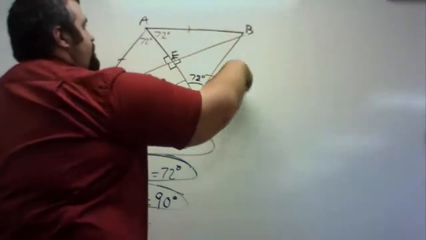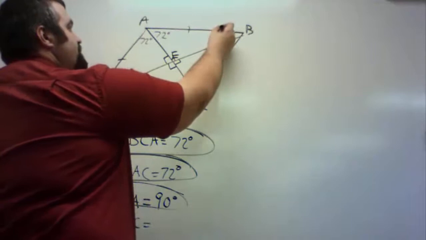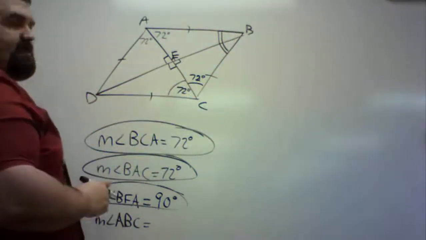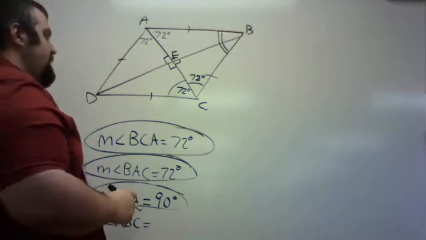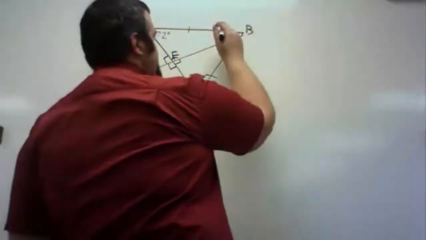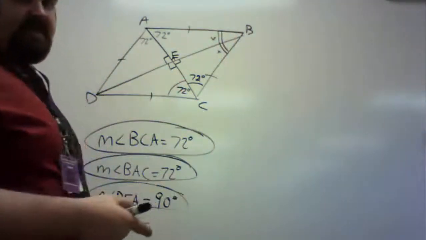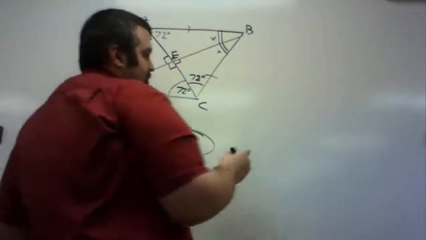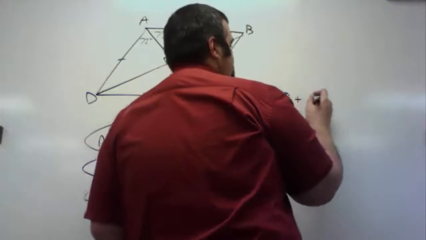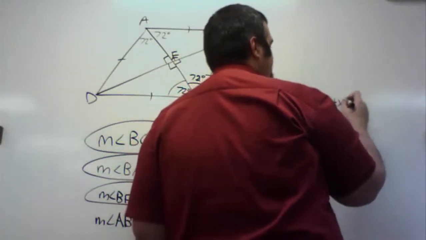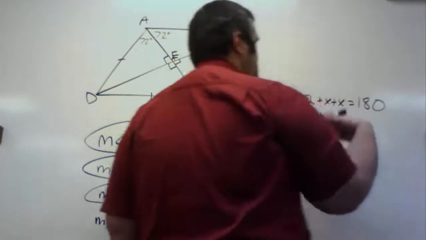ABC. This angle here and this angle here are supplementary, which means 72 plus x, because that angle has been bisected. So if I add all those angles together, because those two big angles are supplementary, 72 plus x equals 180. Solve for x.